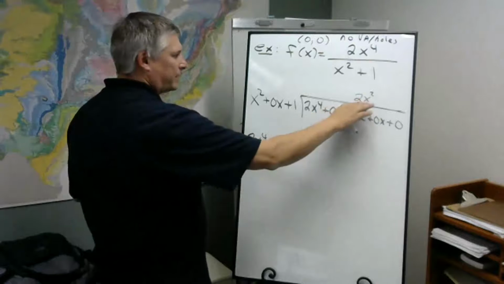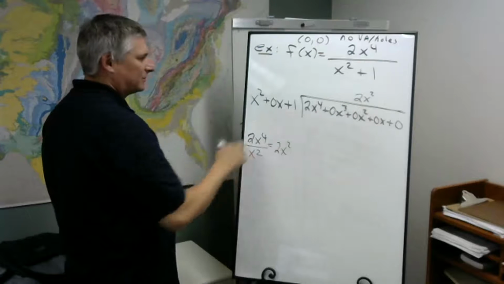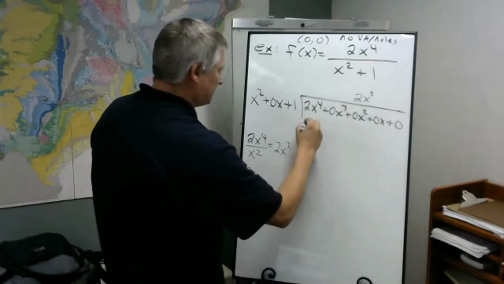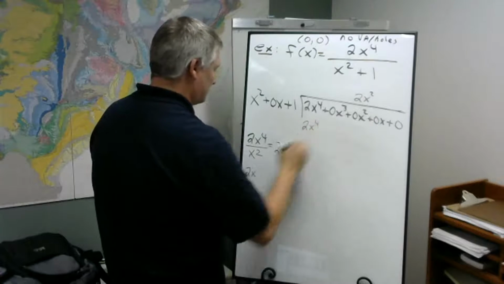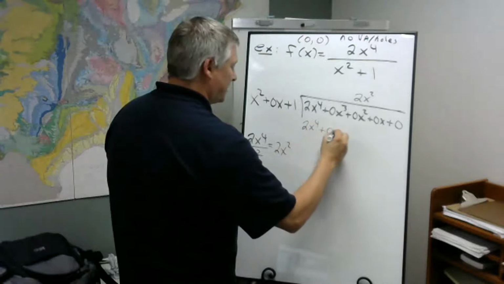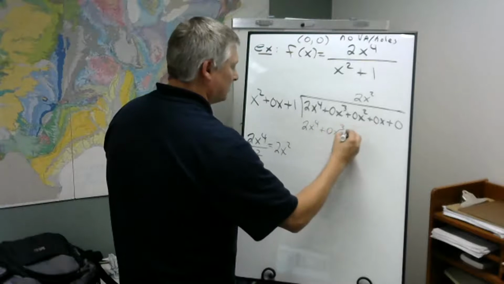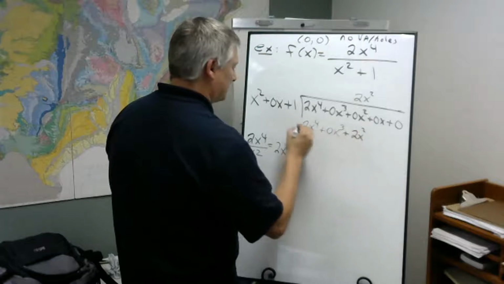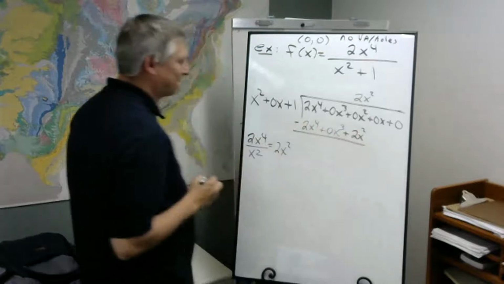And then 2x squared times the divisor, we'll get 2x to the 4th plus 0x cubed plus 2x squared. And then we subtract.